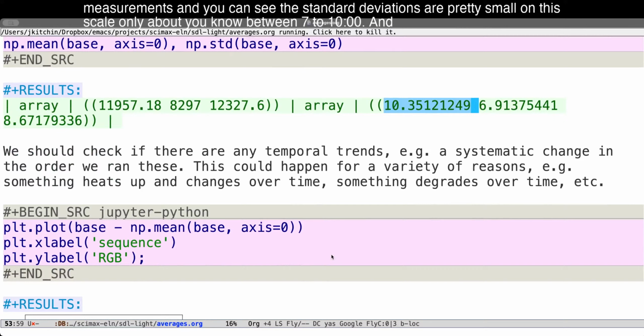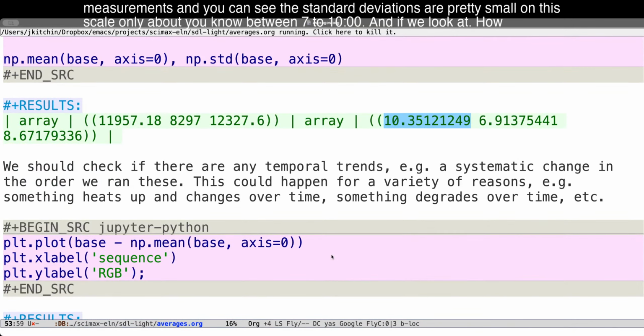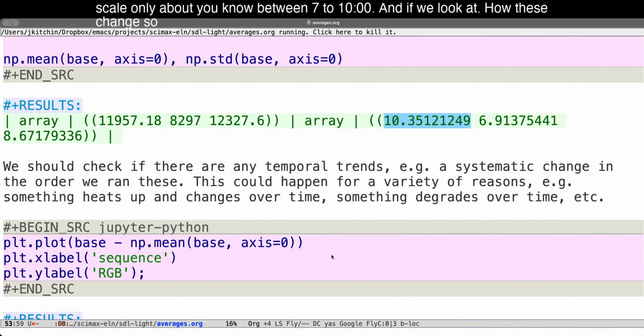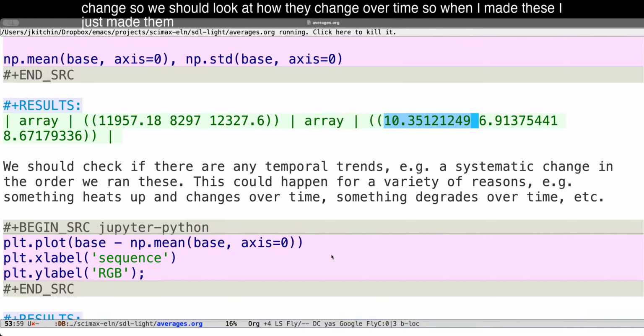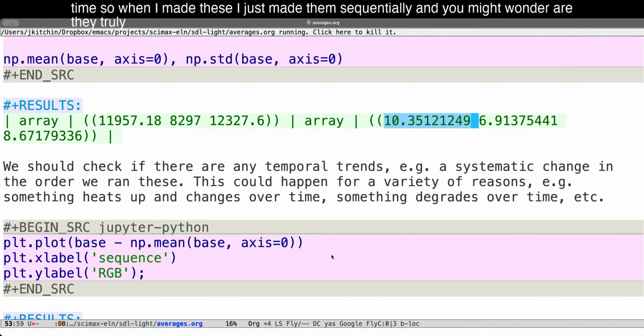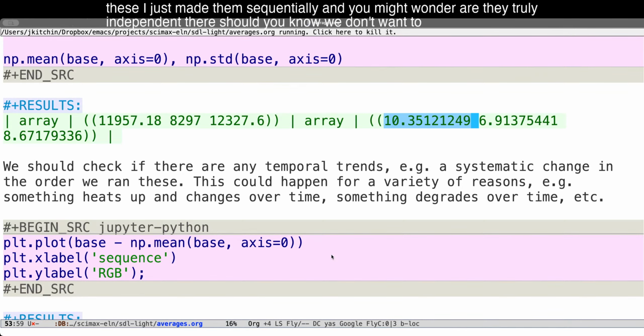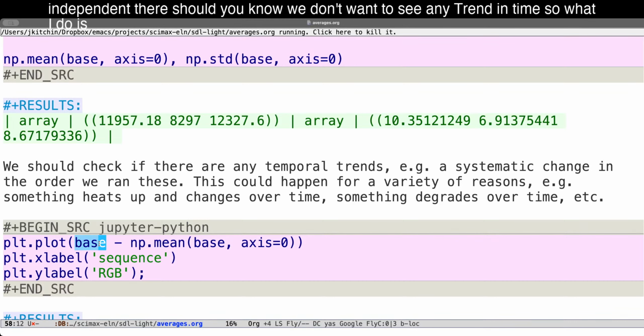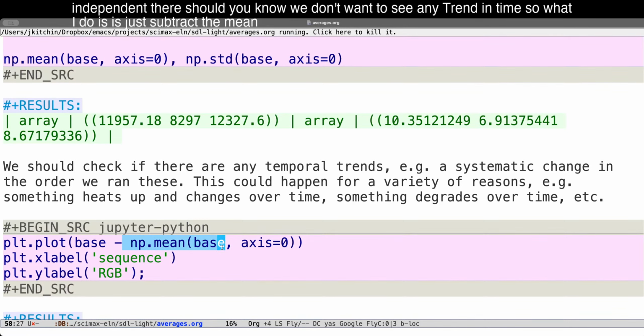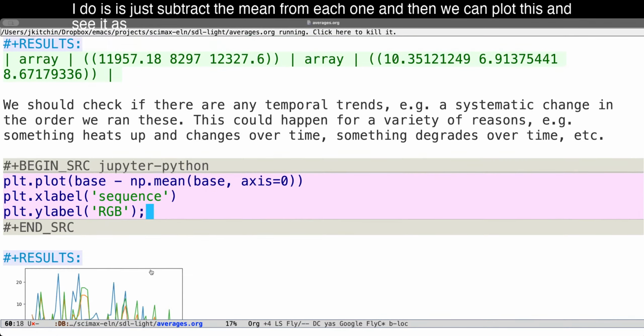We should look at how these change over time. When I made these, I made them sequentially, and you might wonder, are they truly independent? We don't want to see any trend in time. So I subtract the mean from each one, and then we can plot it as a function of time.